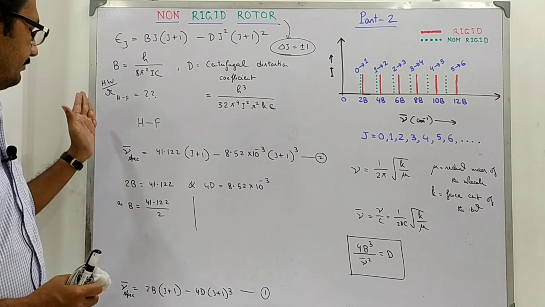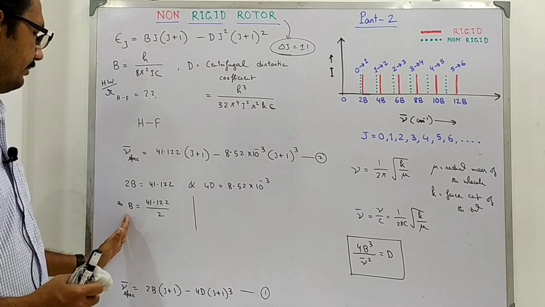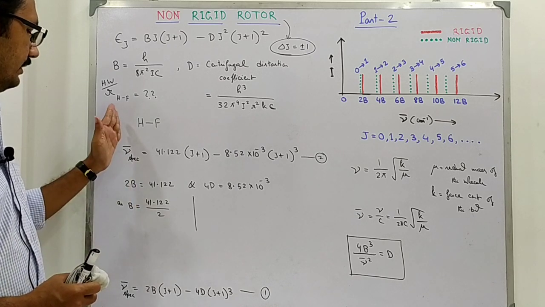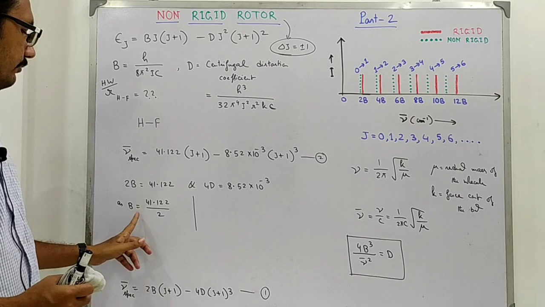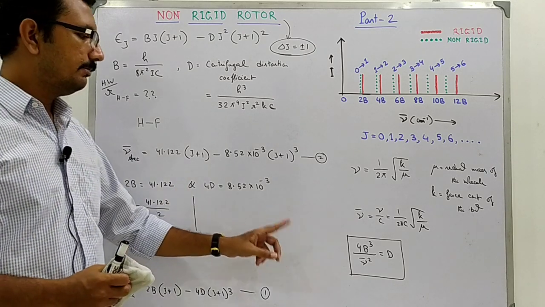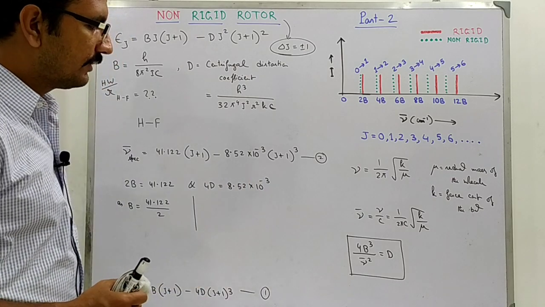For this part I have given you the homework, please post it in the comment section, and I have already shown you the technique to find the value of bond length. Now, in this video I will concentrate on the fundamental vibrational frequency.